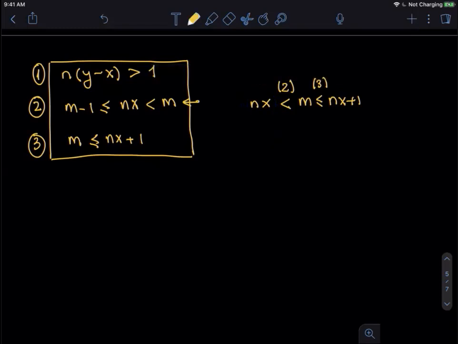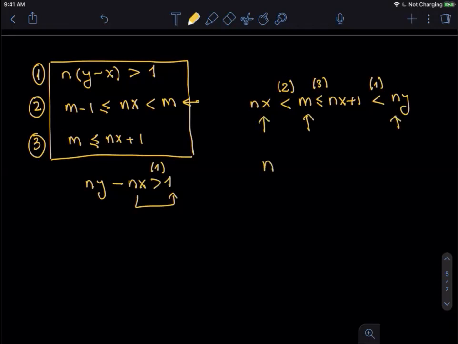We have that m is in between nx and nx plus 1. Then if we look at number 1, we can rewrite it: ny minus nx bigger than 1. If we move nx to the other side, we get that nx plus 1 is smaller than ny. Now let's look at these closely. We have nx less than m less than ny.